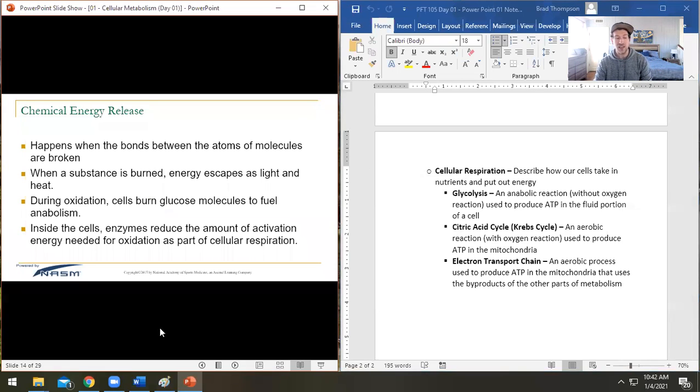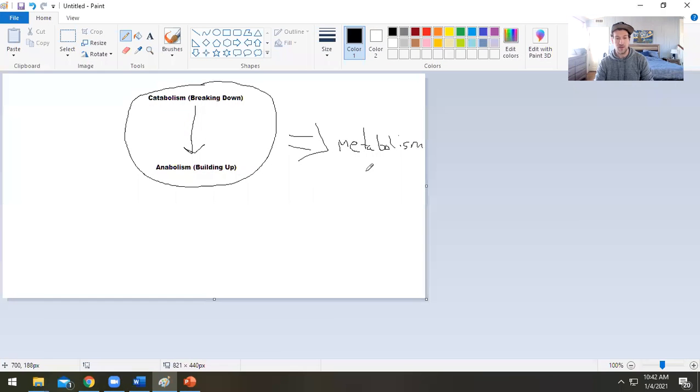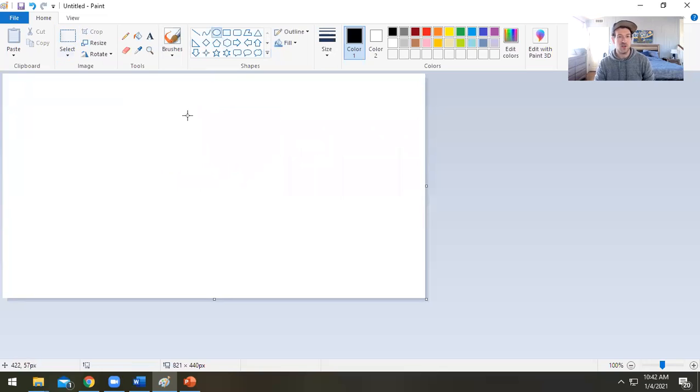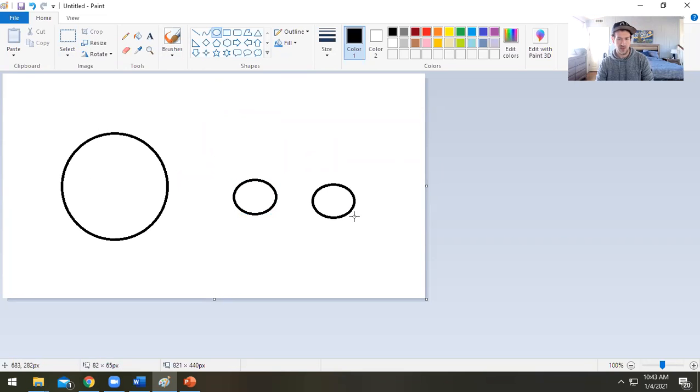If I draw a little molecule here, this molecule is called ATP. ATP is a molecule of what is called adenosine, and it's attached to three little phosphates.